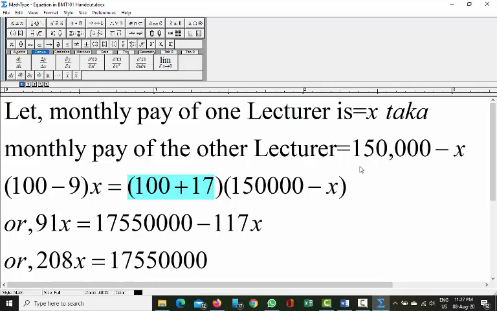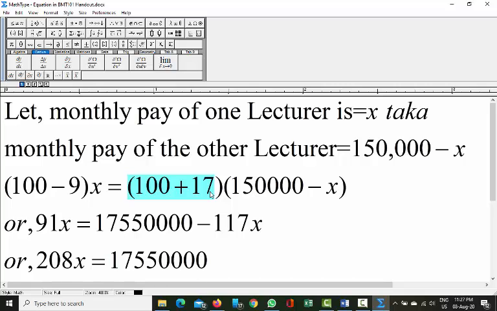So if his salary is increased by 17%, that means 100 plus 17.